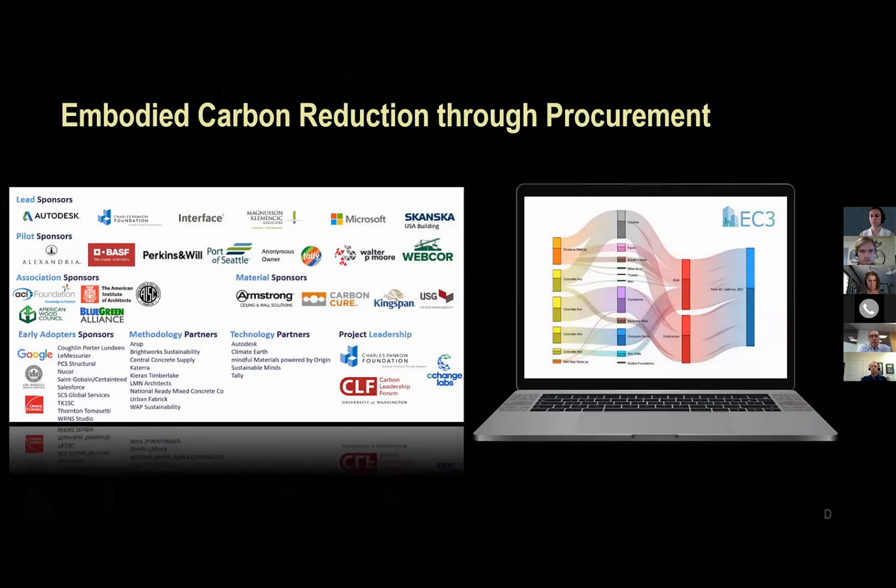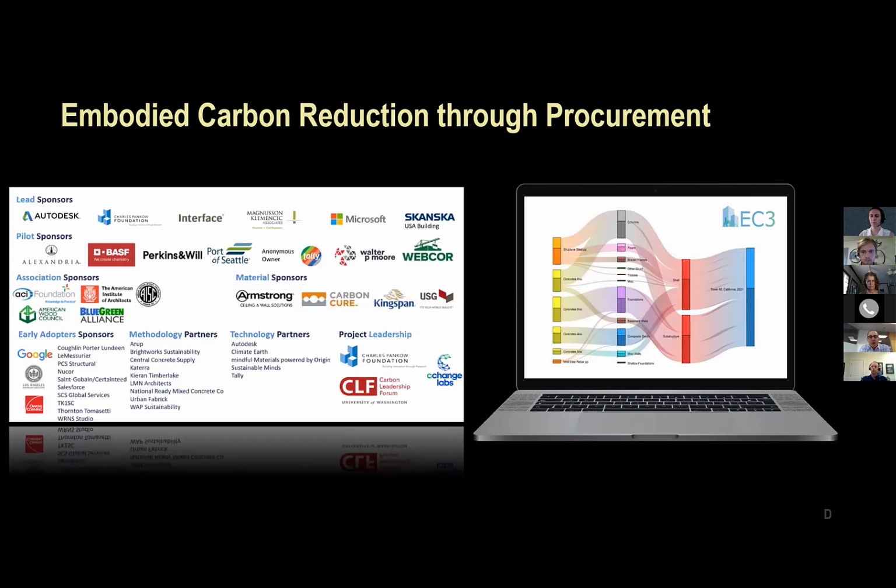So to start, I want to give a shout out to the Embodied Carbon and Construction Calculator, or EC3, because it really does target this crossroads between design and construction. It's only part of the carbon reduction story for sure. It doesn't do all of what an LCA gives you, but it's an important one. EC3 at its core is just a database of these environmental product declarations from across the nation, but making them accessible for timely decision making.